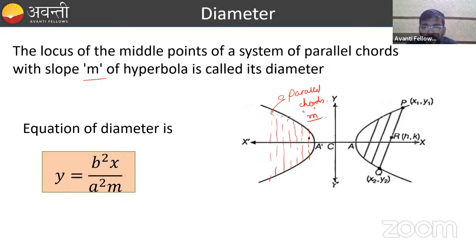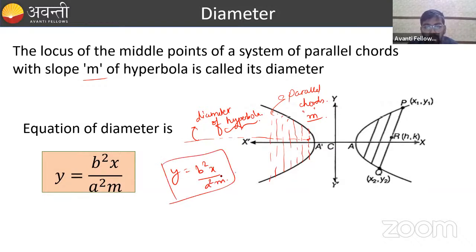So the locus of the middle points, like if you go to the middle point, this is the diameter. This is called the diameter of the hyperbola. And the diameter equation is given by y equals b square x upon a square m, right?